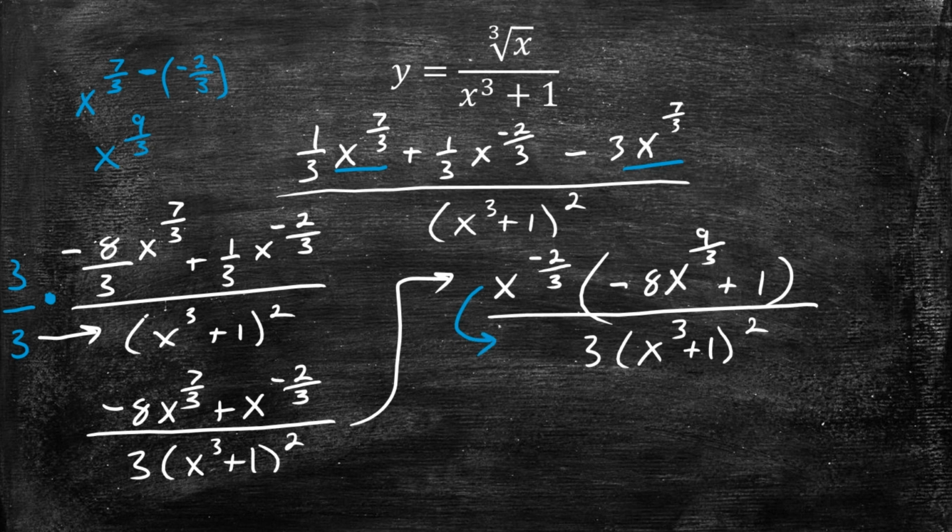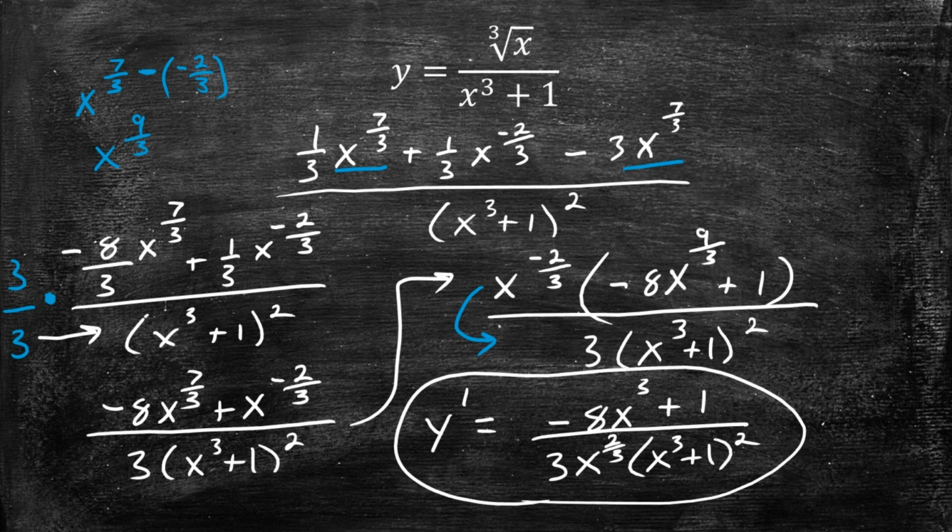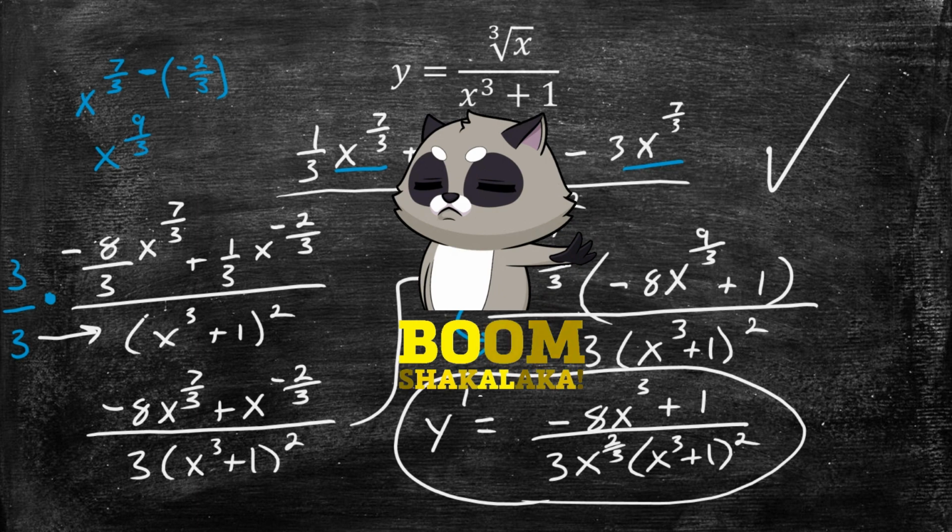So that means y prime, or our derivative, is equal to negative 8 times x to the 3, 9/3 is 3, plus 1 all over 3x raised to the 2/3 times x cubed plus 1 squared. All right, so that there is our final answer, and this example is complete.